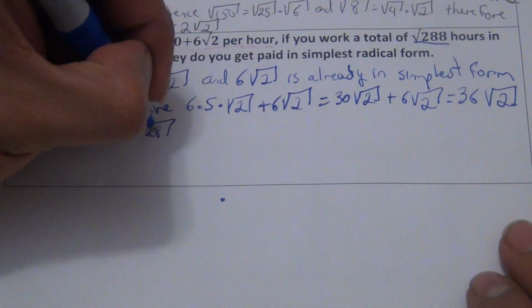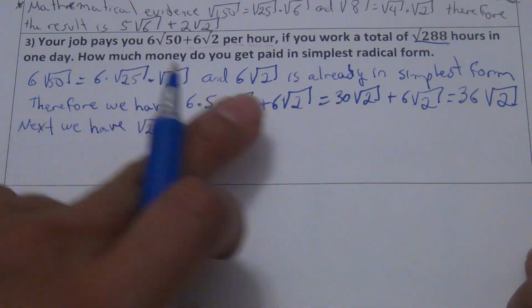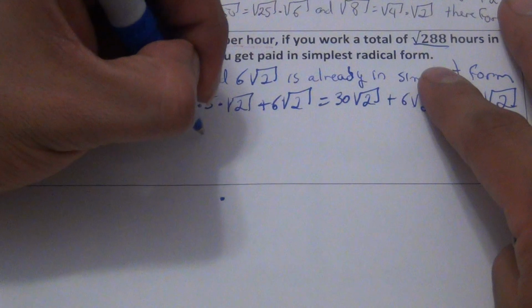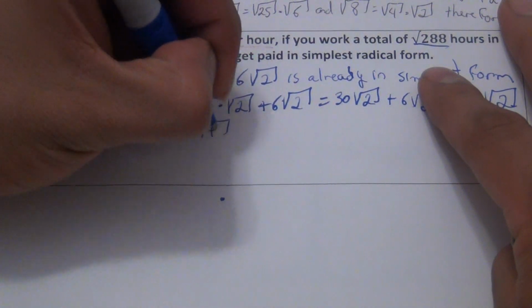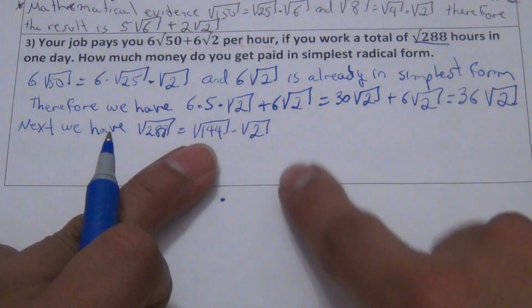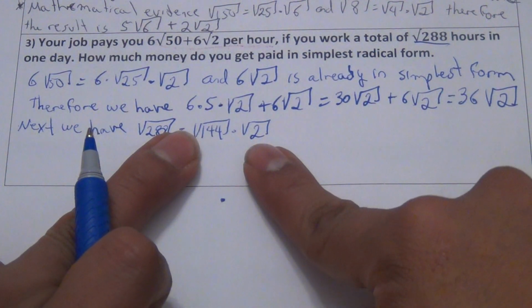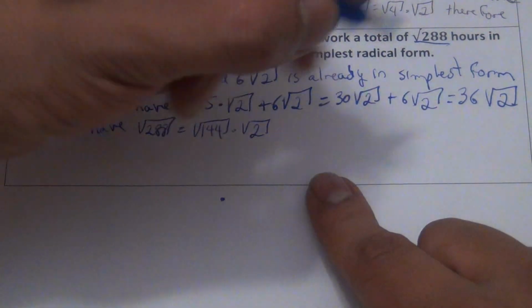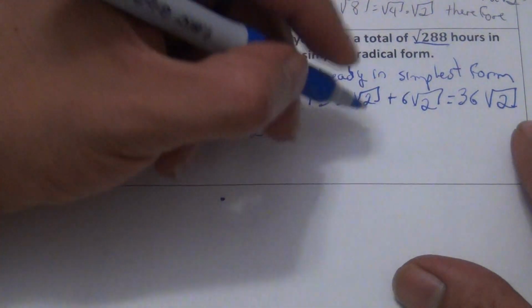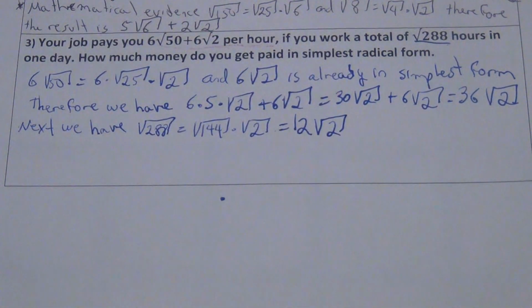radical 288. Okay, we have radical 288, which equals radical 144 times radical 2. 144 times 2 is 288. So radical 144 times radical 2 is radical 288, which is equal to the square root of 144 is 12 radical 2.